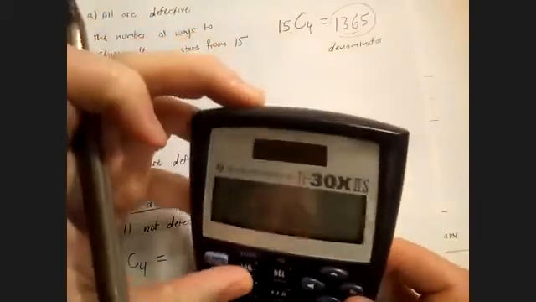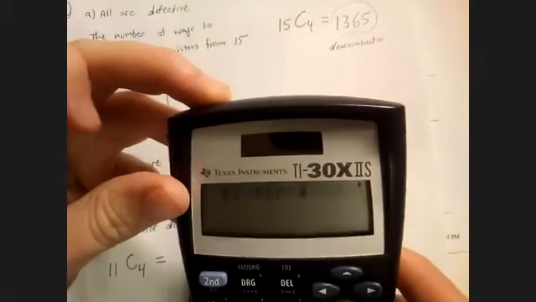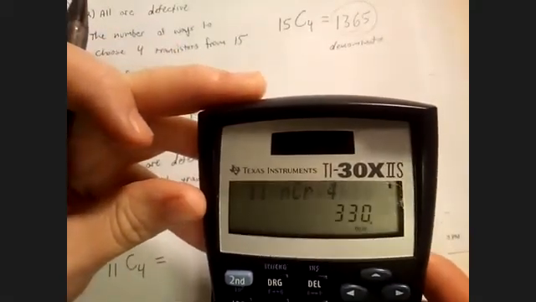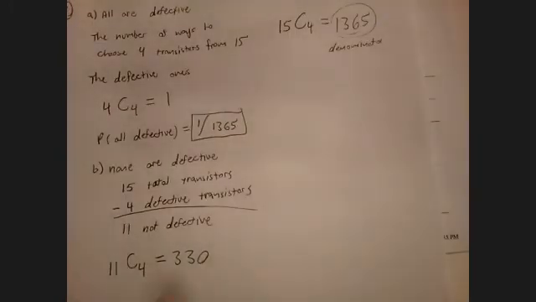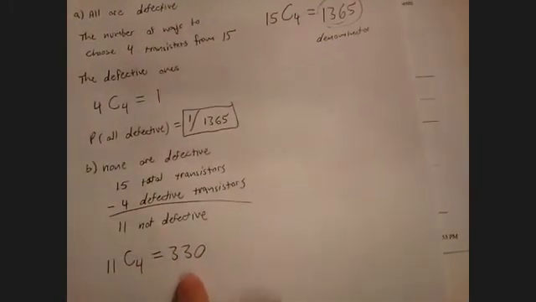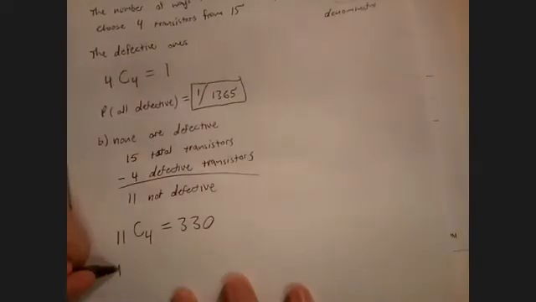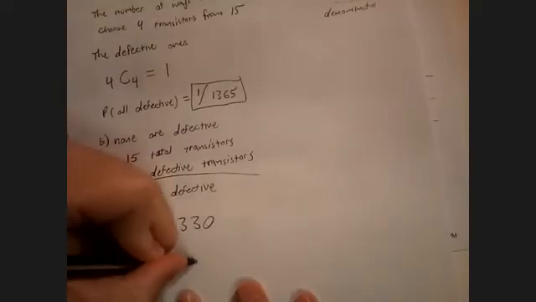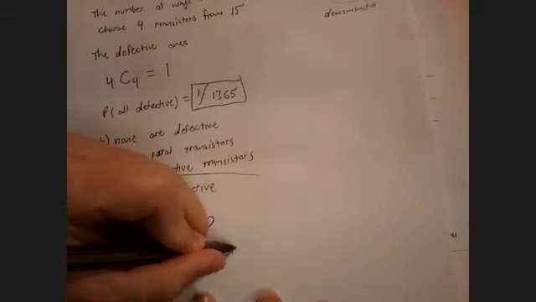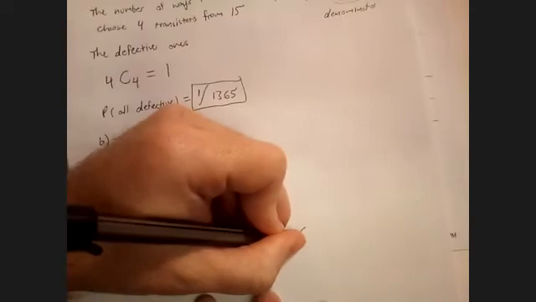11 choose 4 is 330. So this is the number that will be on top. The probability that none are defective is 330 over 1365.